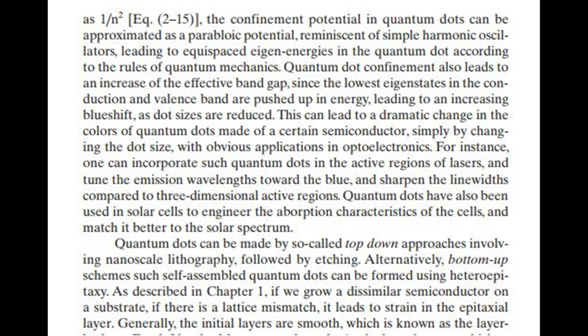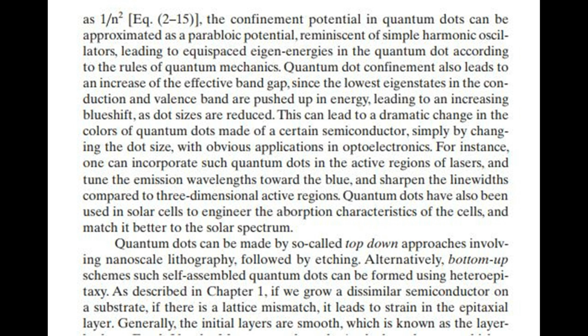For instance, one can incorporate such quantum dots in the active regions of lasers, and tune the emission wavelengths toward the blue, and sharpen the line widths compared to three-dimensional active regions. Quantum dots have also been used in solar cells to engineer the absorption characteristics of the cells, and match it better to the solar spectrum.